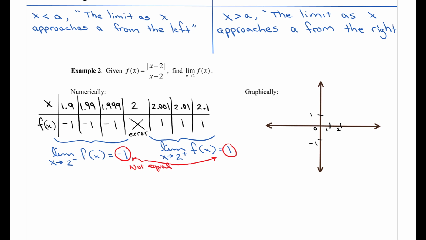I'm going to draw one hole at the ordered pair, or where the ordered pair should be, of 2, 1. And I'm also going to draw a hole at 2, -1. I'm going to write down that ordered pair right next to that hole.